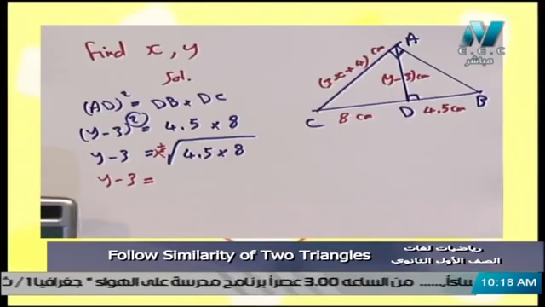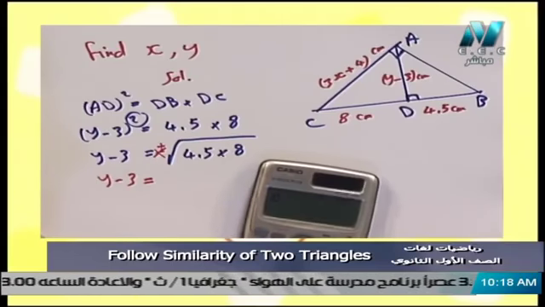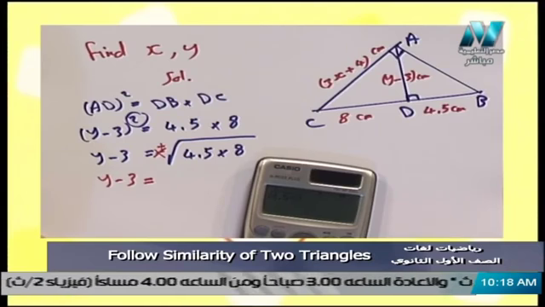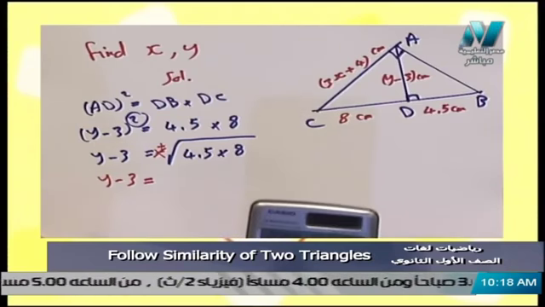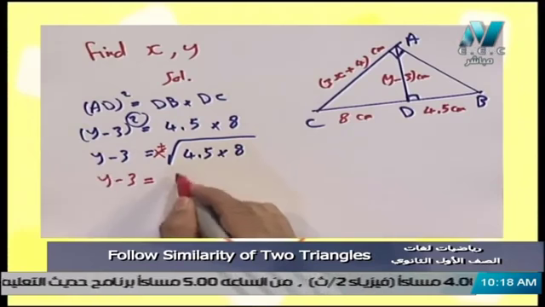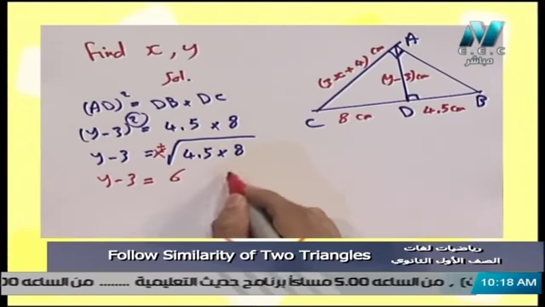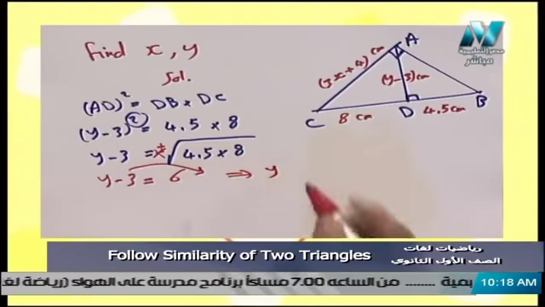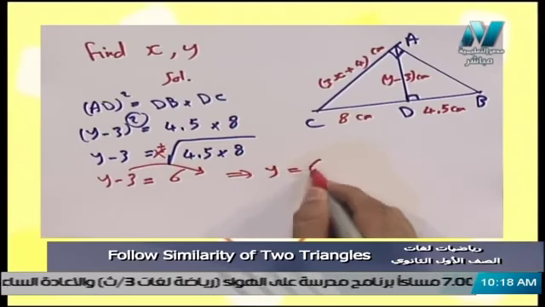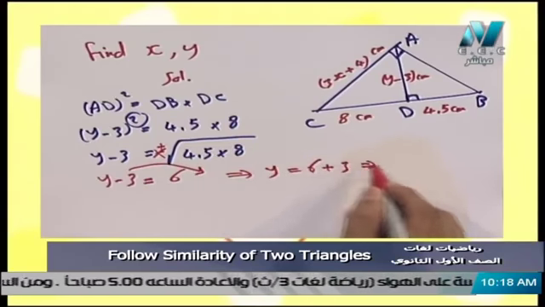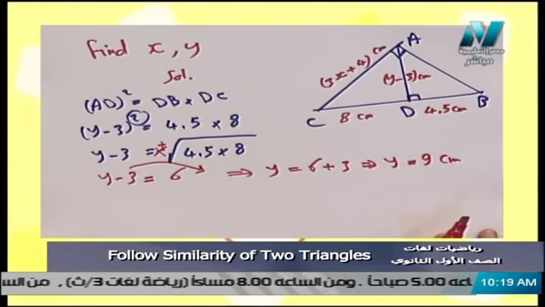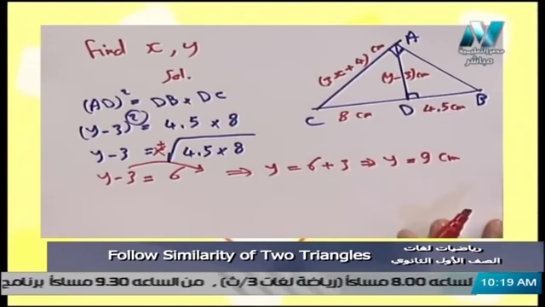Square root of 4.5 multiplied by 8, then the answer will be 6. We transfer negative 3, it will be positive 3. y equals 6 plus 3, then y, of course, equals 9 centimeters. Okay, so y is equal to 9.